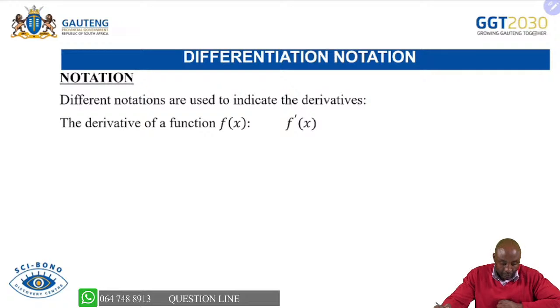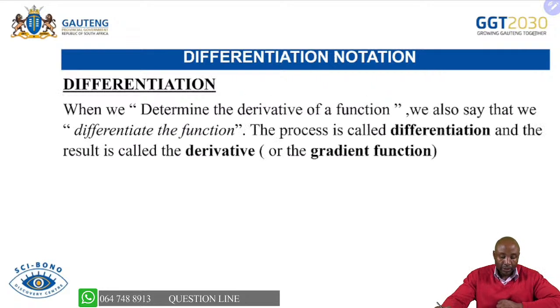Now, we have to look at the notation that we are going to use. So, we determine the derivative of a function. We also say that we differentiate the function.